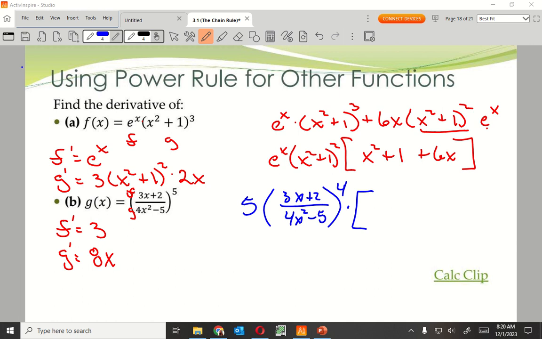So f prime, 3, times g, which is 4x squared minus 5, minus g prime, which is 8x, times f, which is 3x plus 2, close.